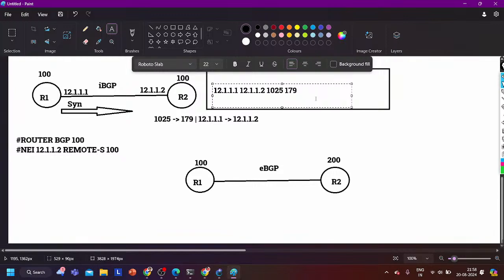So now router 2 is going to send what? SYN plus ACK. In the SYN plus ACK message, source port will be 179, destination port will be 1025. Now router 1 will be using this port number. This port number will be assigned to router number 1. Source IP 12.1.1.2, destination IP 12.1.1.1.